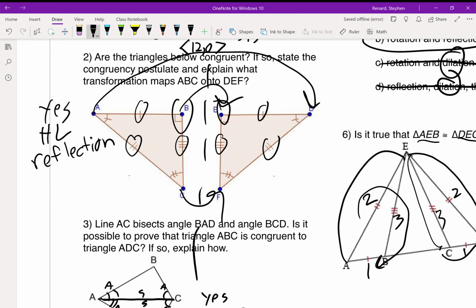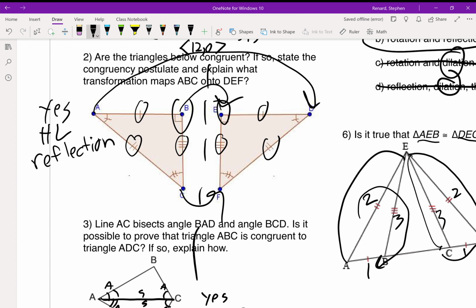I want you to remember that when we're talking about transformations, any two congruent figures can be mapped onto each other with a series of transformations. But if they're congruent, you can only use rigid transformations. That's translations, rotations, and reflections.